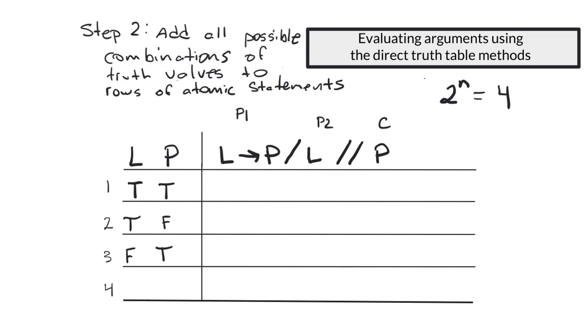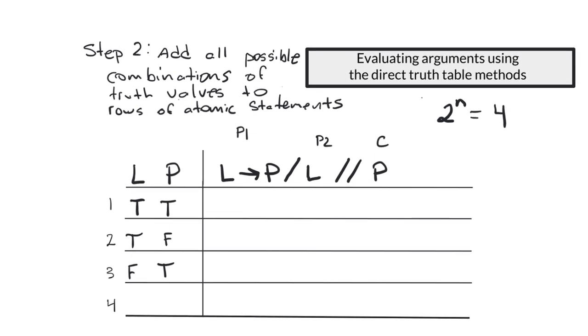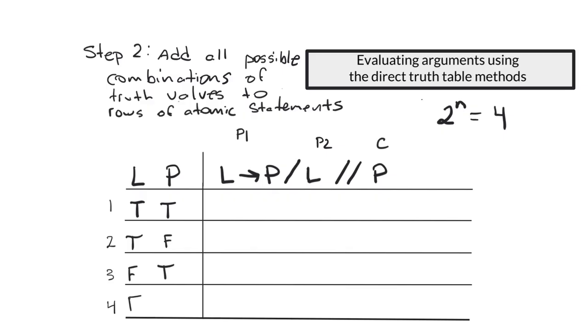And then the last combination to capture all the possible combinations is when they're both false. And now we're ready to get to work using what we learned about how to determine the truth values for statements. And we apply each row of truth value to the argument.